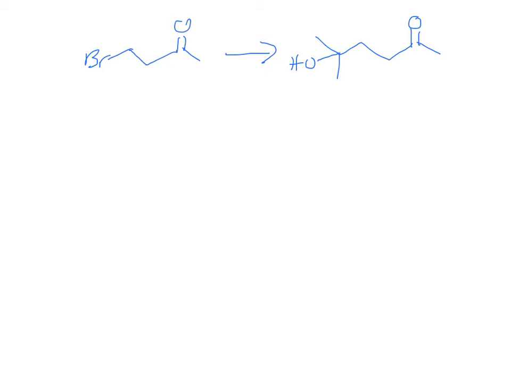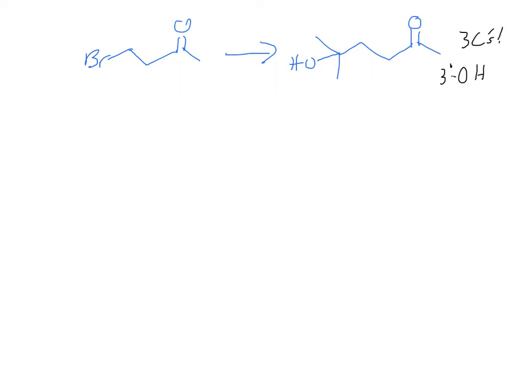Have we added any carbons? Yes. How many carbons do we add? 3. There you go, 3 carbons added. Do we add a new functional group? What kind of functional group is it? Alcohol. What kind of alcohol? We added a tertiary alcohol. Good.